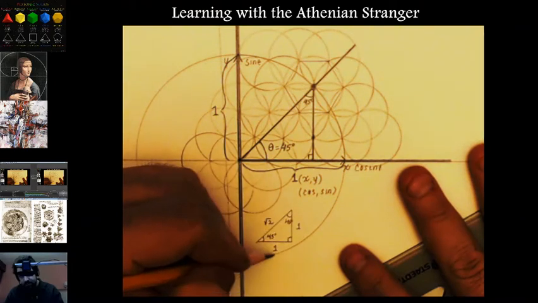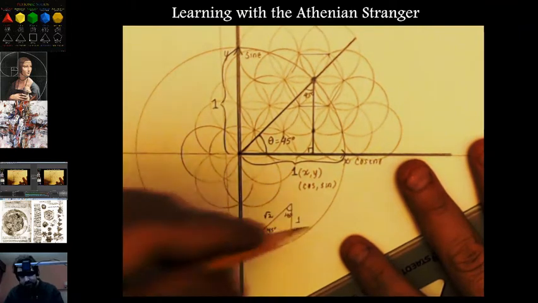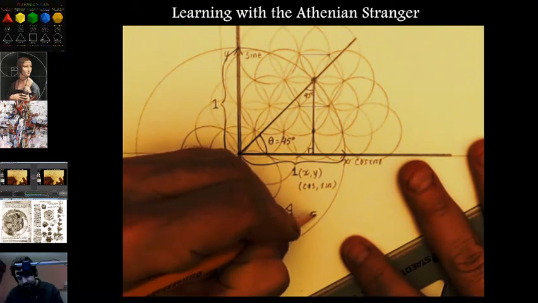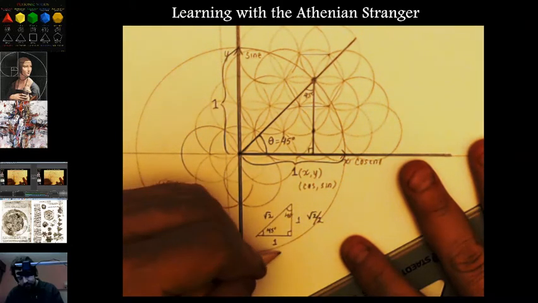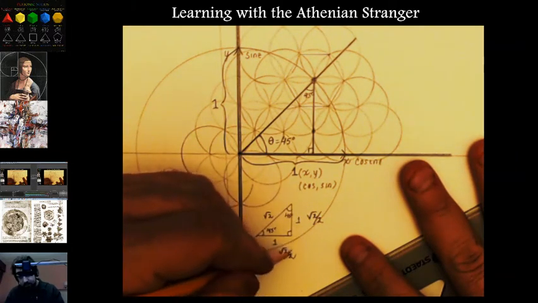Because it's a 1-1 relationship here, I can make this anything I want. And we'll go into more depth in another lesson, but this can be the square root of 2 over 2. And this can be the square root of 2 over 2. I haven't violated any mathematical rules to make these two distances square root of 2 over 2.